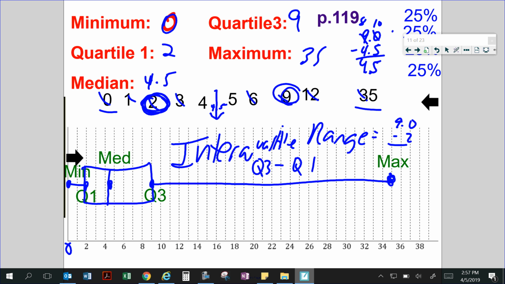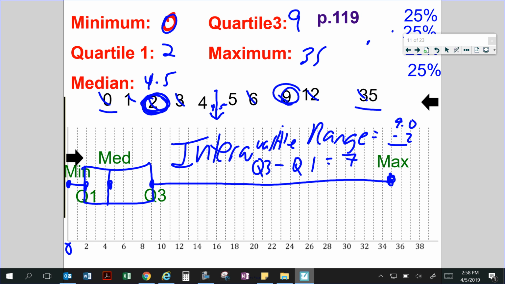I apologize. So it should be 7. How far is it from 2 to 9? It's 7 spaces. Interquartile range is the box. It's the inner box right here. How far is it spread out from 2 to 9? It's 7. I apologize. I'm going to have to erase this. I'm not going to restart the video, so I'm just going to say, I apologize again.